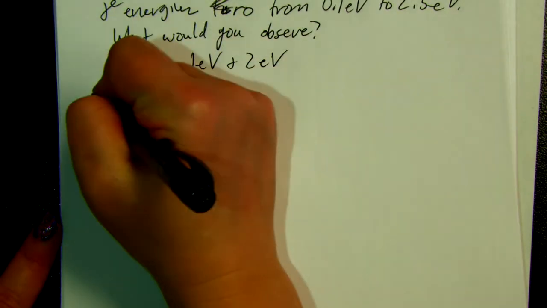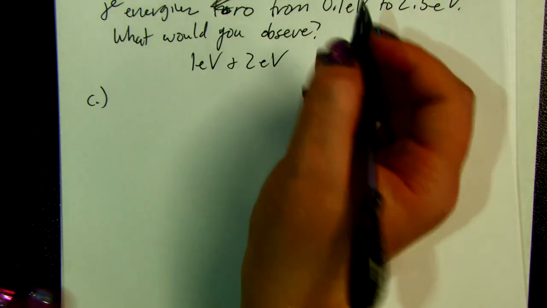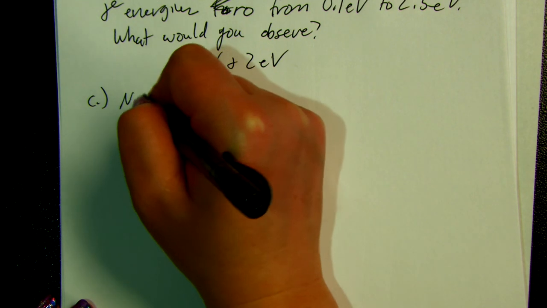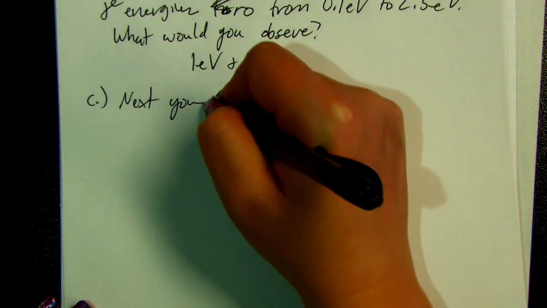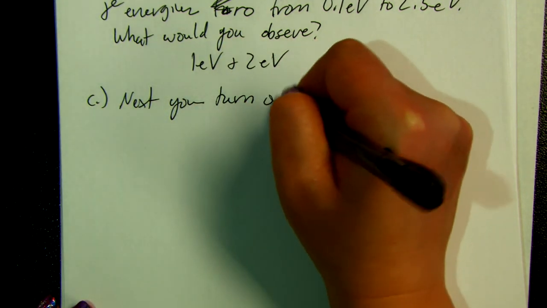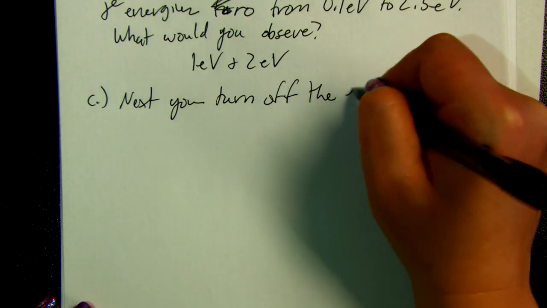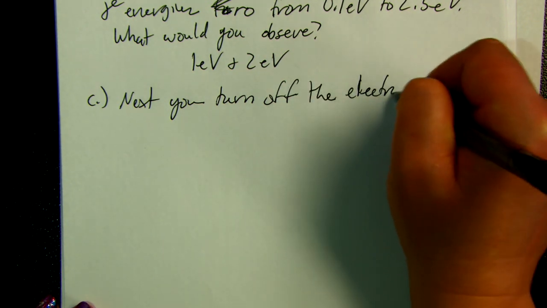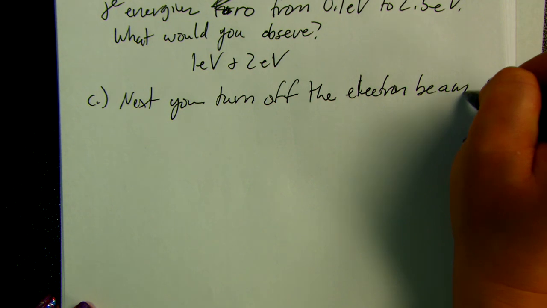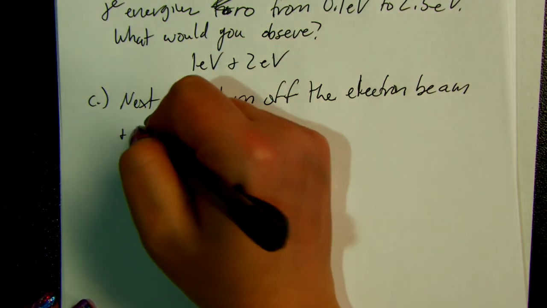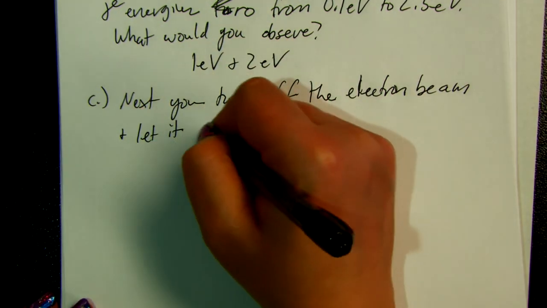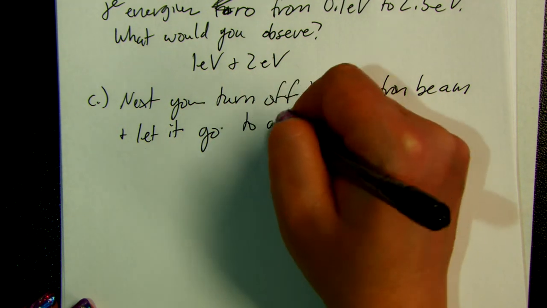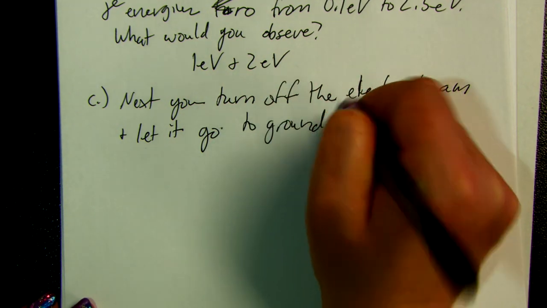Okay, so next, so you've excited it. So next, you turn off the electron beam and let it go to ground. So everything is unexcited now.